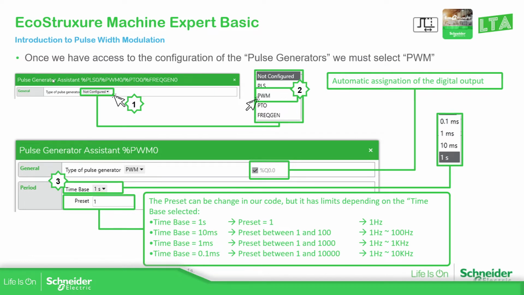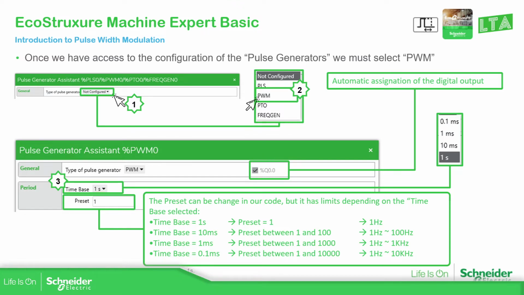Here you can see this window with no configuration, so we need to select one. When you click over here, you will see the different configurations that we have for the digital output. I'm going to select PWM. Once you select this, depending on the instance, the PWM feature will be linked directly to one of the outputs.